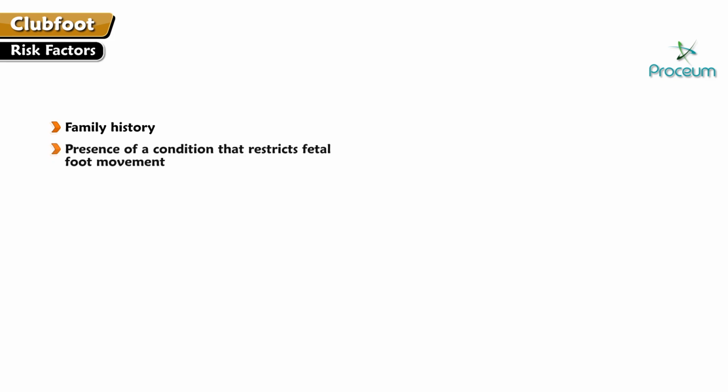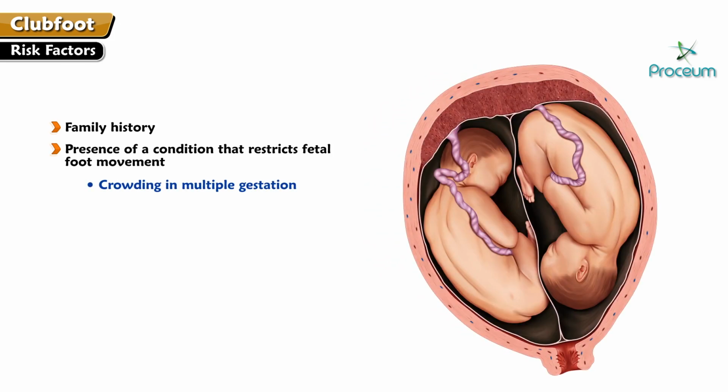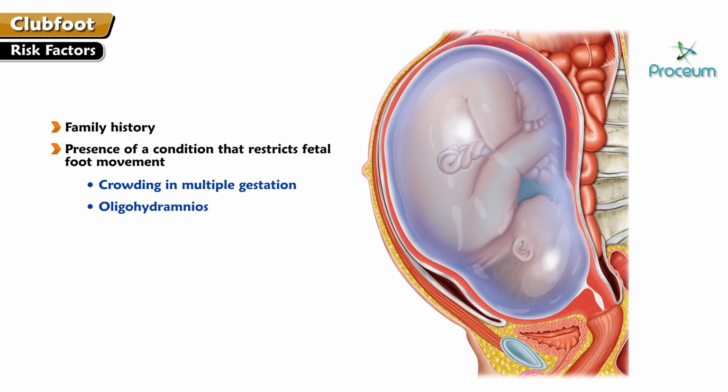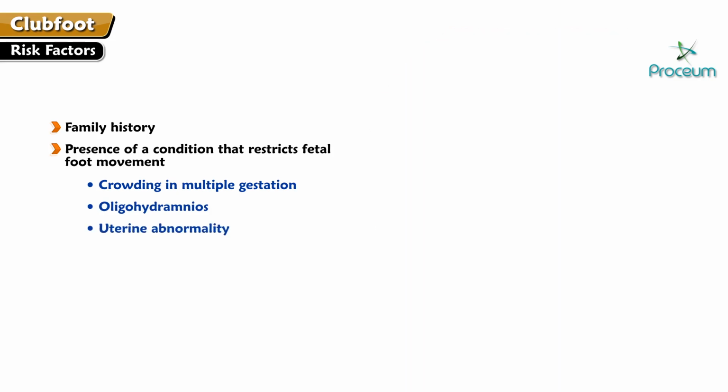Risk factors. The major risk factors for clubfoot are a family history of the defect and the presence of a condition that restricts fetal foot movement, such as crowding in multiple gestation, oligohydramnios, uterine abnormality, and fetal neuromuscular disorders. These risk factors are generally not modifiable.